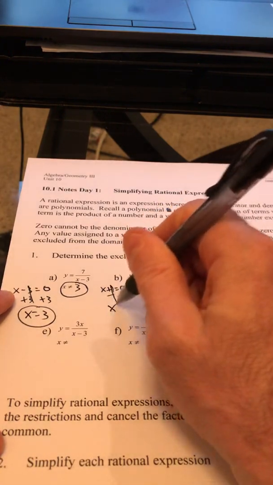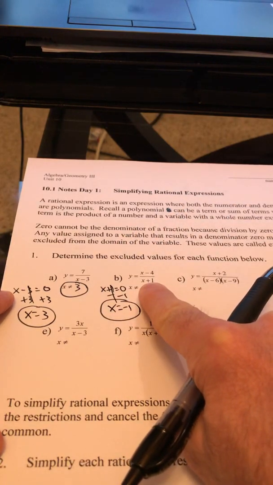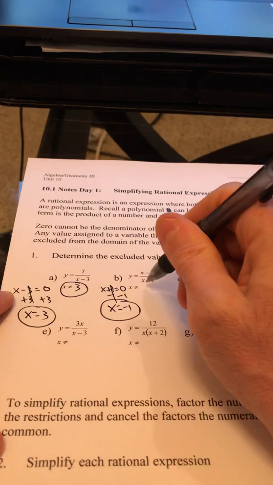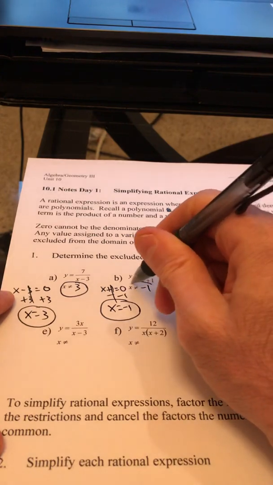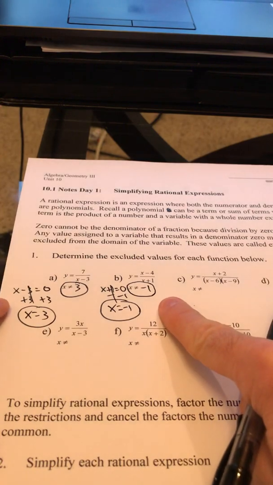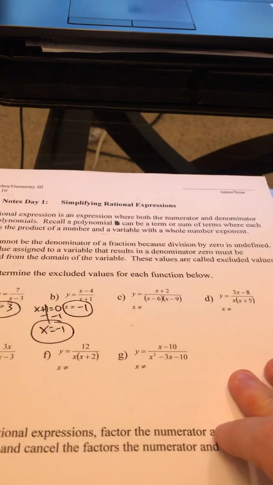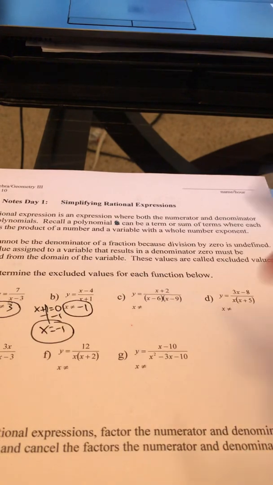Subtract the 1. So if we were to plug a negative 1 back in, negative 1 plus 1 would be 0. So our excluded value is that x cannot equal negative 1. So in theory, what we're doing with these problems is finding the numbers that would not work.